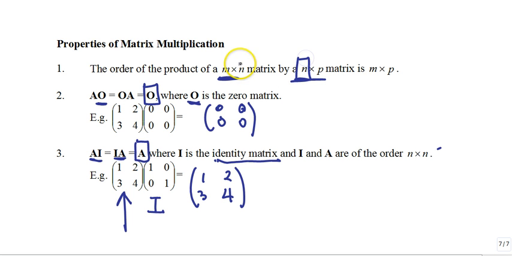We check that the middle corresponds, and for the final order we take the first and the last, so you end up with a matrix of order m times p. This provides a good summary for matrix multiplication. If you need to revise matrix multiplication, you can go back and look at the earlier lesson.